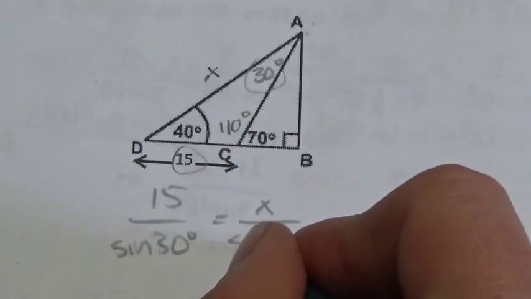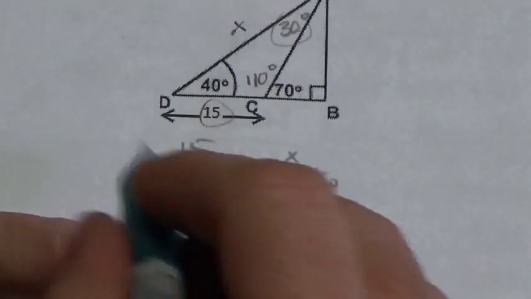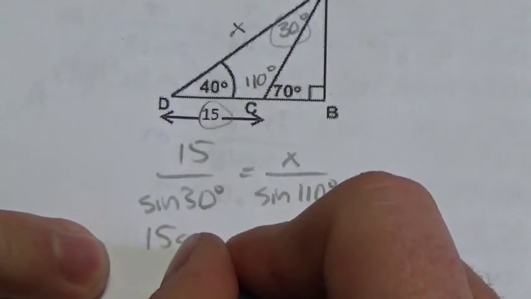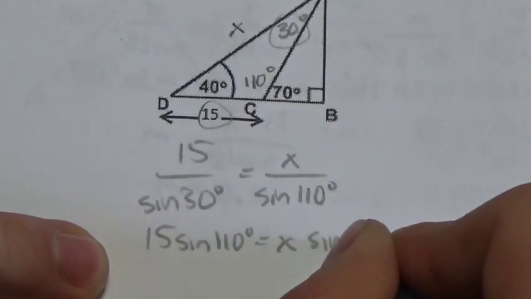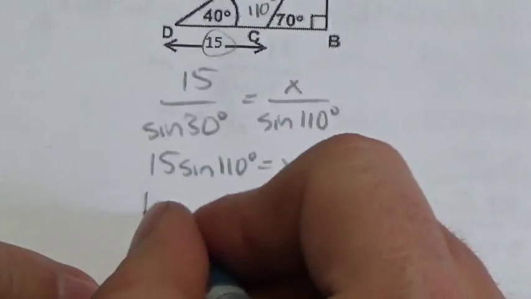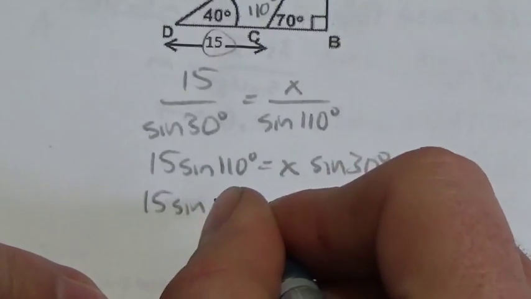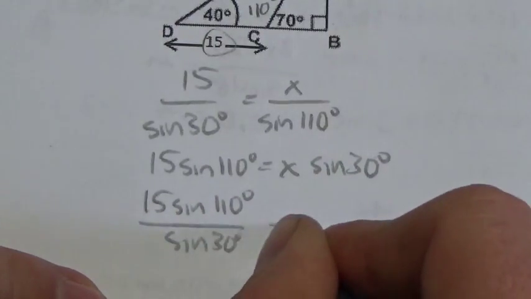So this is going to be x over the sine of 110 degrees. We cross multiply, so 15 times the sine of 110 degrees is going to equal x times the sine of 30. Then I'm going to divide, so 15 times the sine of 110 degrees over the sine of 30 degrees is going to equal x.